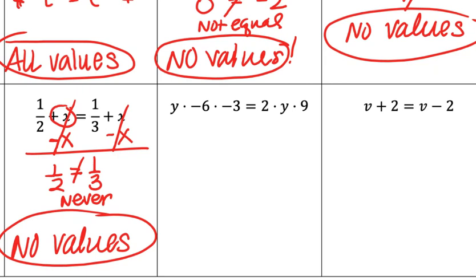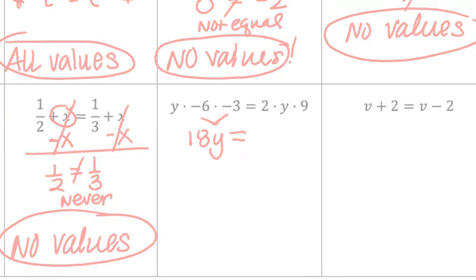Next one. This is all multiplication. So I'm going to multiply these first, and I get 18y equals 2 times 9.